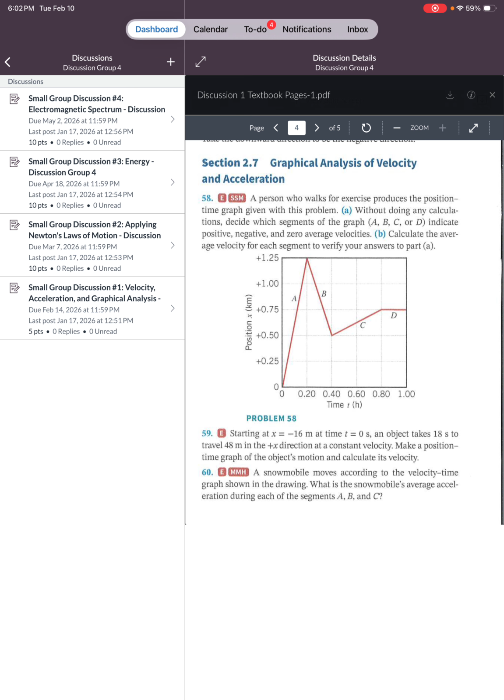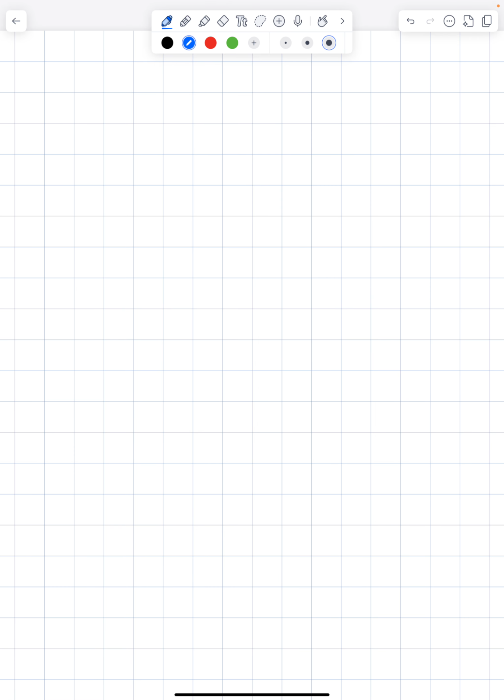All right. So before we do number 58, we gotta talk about what velocity really is. So, in simple terms, velocity is position. So what is velocity?